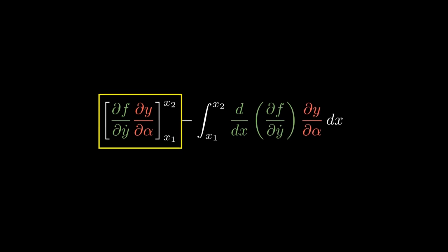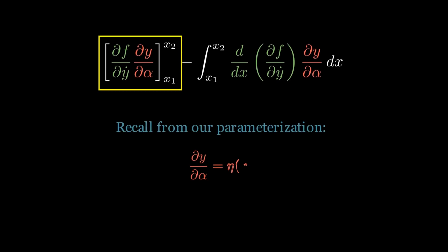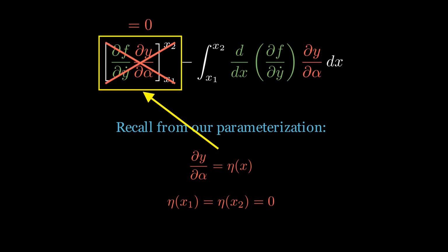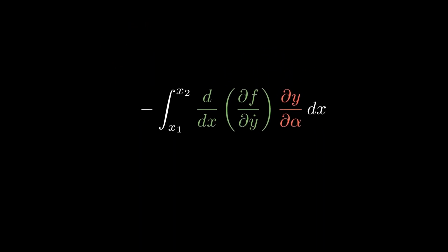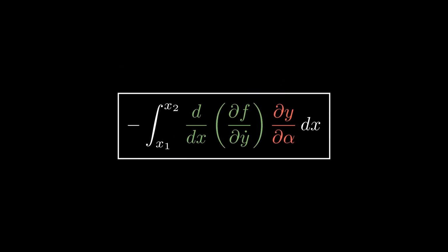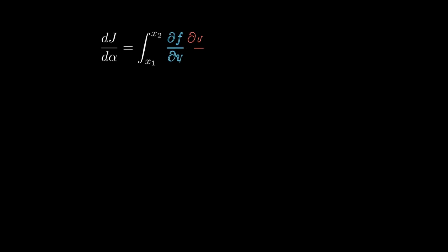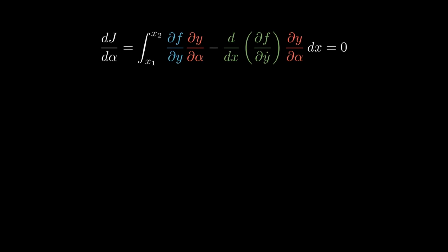The condition that all varied curves pass through the endpoints must be implemented. This means that the partial derivative of y with respect to alpha at x1 and x2 must vanish because eta of x vanishes there. Therefore, the evaluated boundary term is exactly 0. Substituting the remaining integral back into our expression for dJ by d alpha, we can factor out the common term to reduce us to this equation.